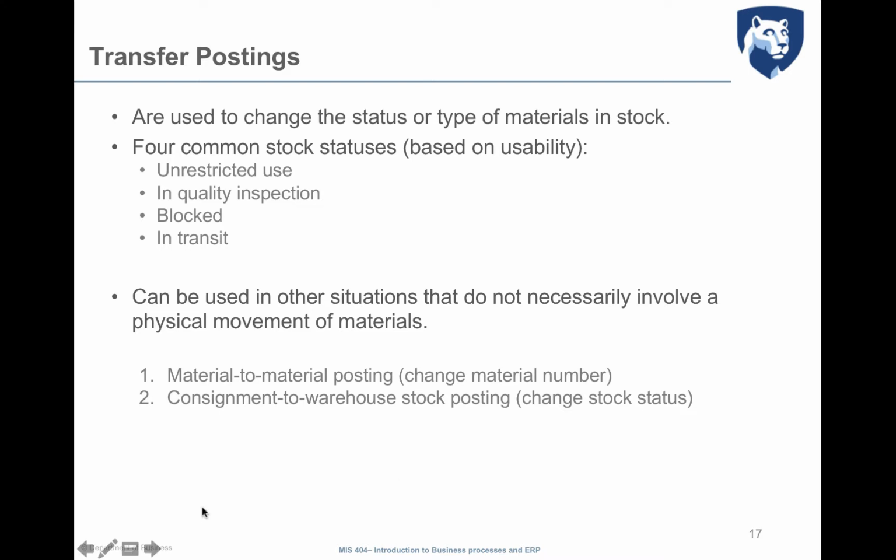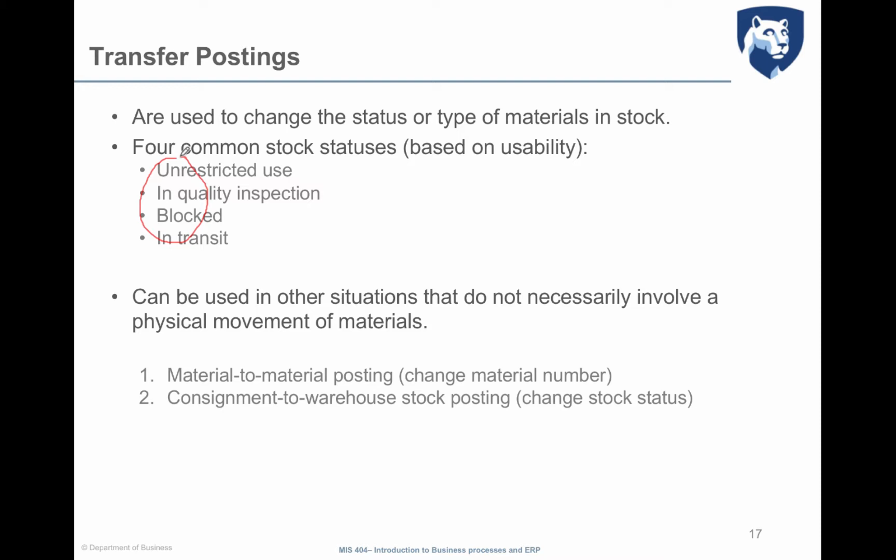Again, remember from what we discussed in procurement and production that when we refer to a material, four common stock statuses are present: unrestricted, in quality inspection, blocked, and in transit. Every time you need to change the status of the goods in your warehouses, you need to register a transfer posting movement.